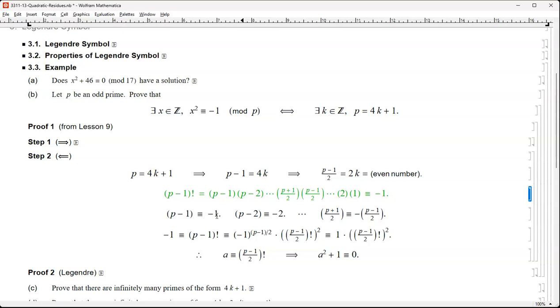And p minus 1 is congruent to negative 1, because p is 0. p minus 2 is congruent to negative 2, and p minus 3 is congruent to negative 3 and so on. And the last one, p plus 1 over 2, is congruent to negative of p minus 1 over 2. You can easily check: if you add them up, you get 2p over 2, so p, that's 0.